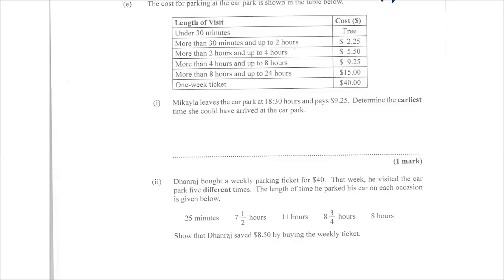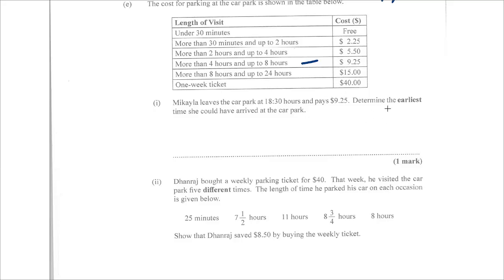Malika leaves her car at 1830 hours and pays $9.25. Determine the earliest time she arrived at the car park, meaning she spent her maximum number of hours. So if she leaves the car park at 1830 and she's paying $9.25, that means her maximum amount of hours, the earliest, right?